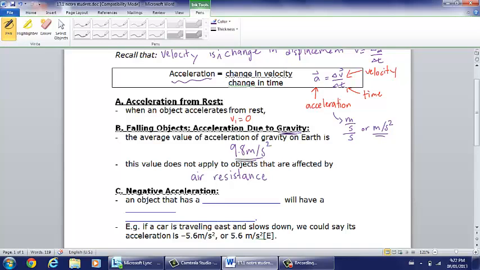We will also be looking at negative acceleration, and this is when an object has a decrease in velocity and it is said to have a negative acceleration.